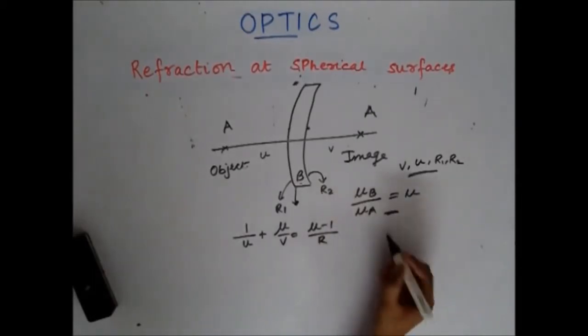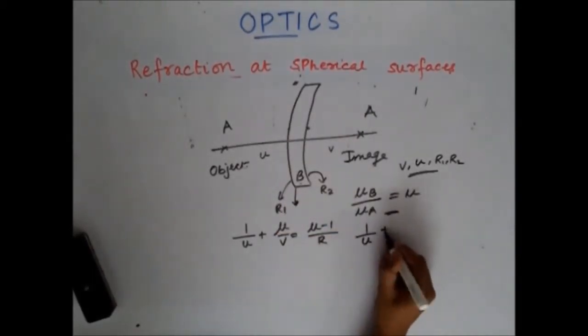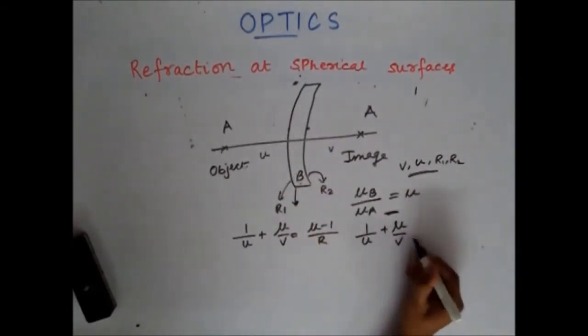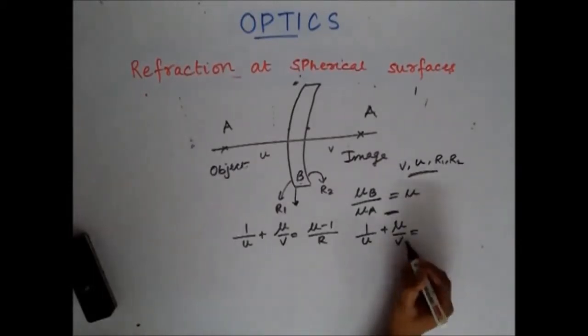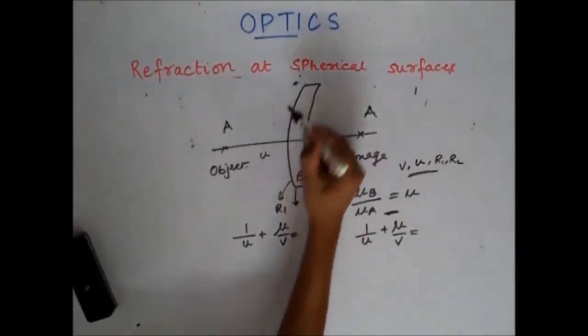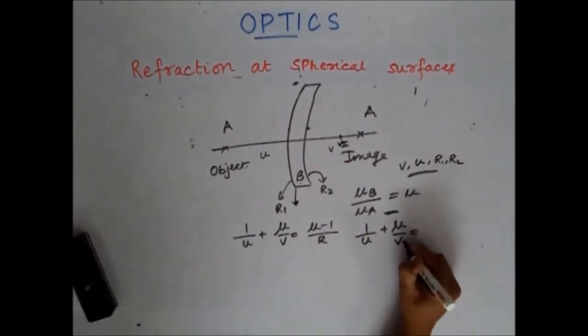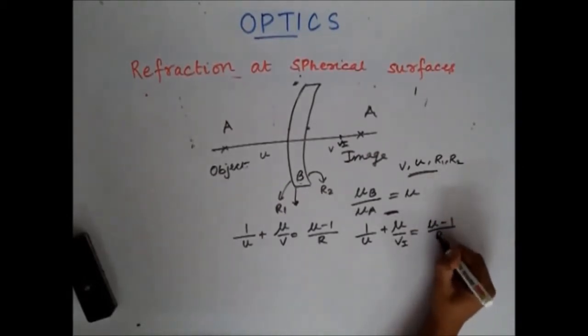This was the equation I had. What is v here? v is the image formed by this refracting surface. Let's call it vi. So it's 1/u + mu/vi = (mu - 1)/R1.